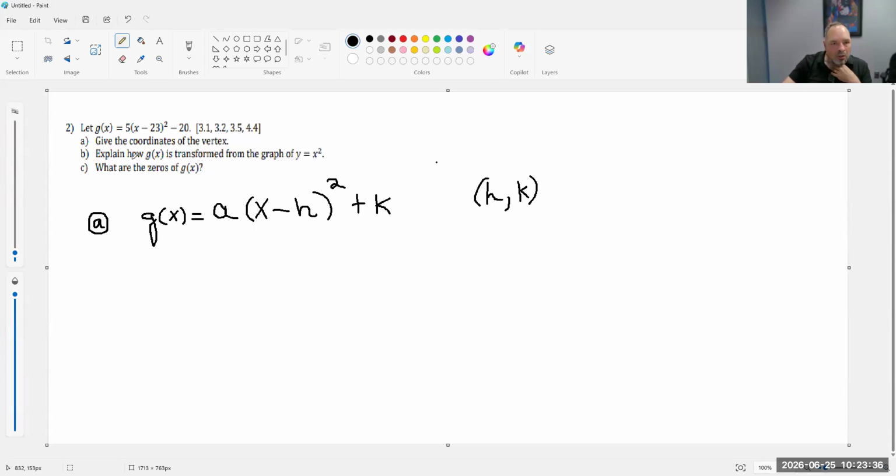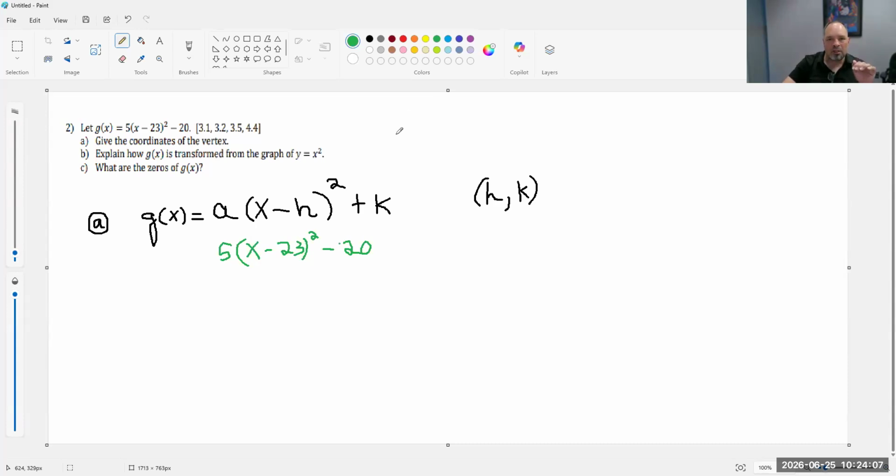And so it's real easy to derive that from this example because, let me do it down here, we've got 5 times x minus 23 squared minus 20.